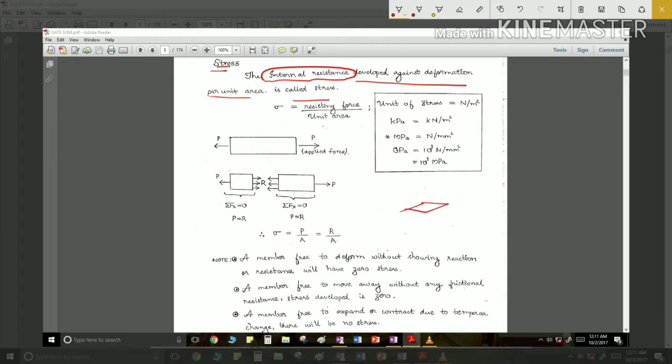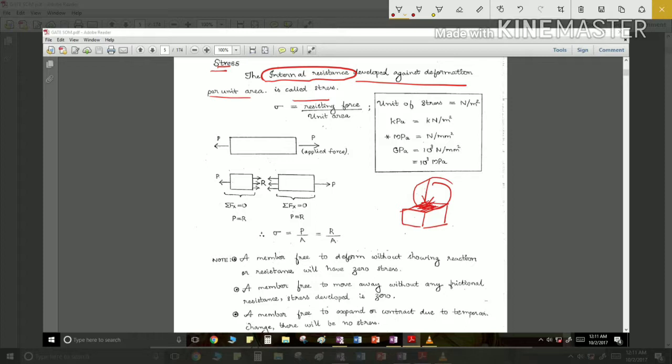For example, if a body is like this, force is applying. Stress is mathematically defined as this force per this surface area.